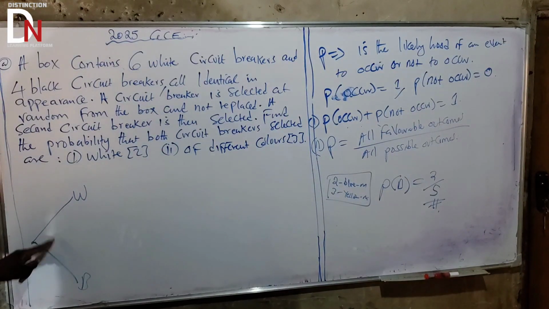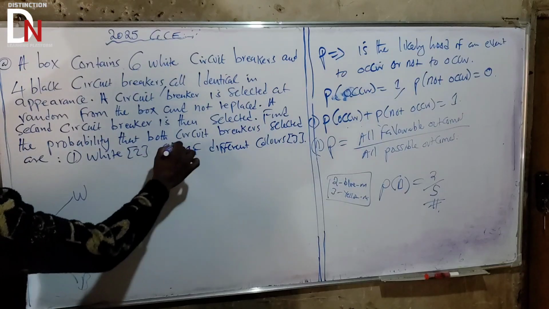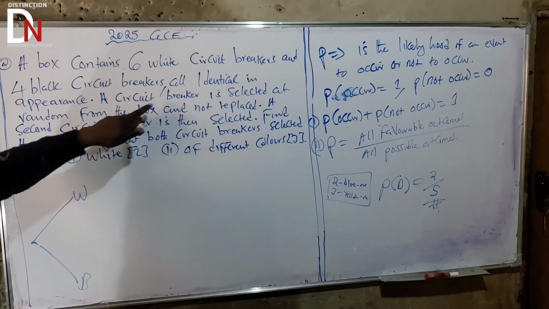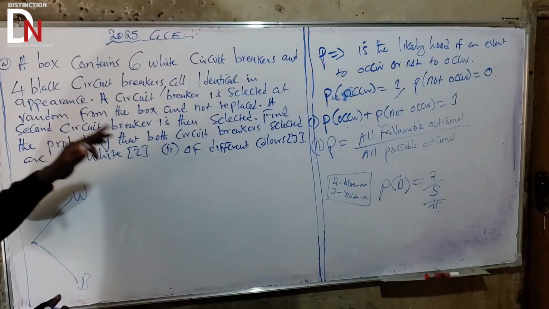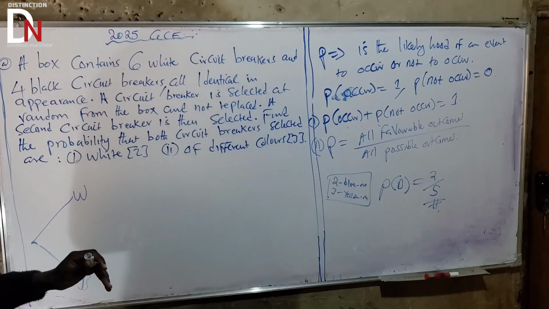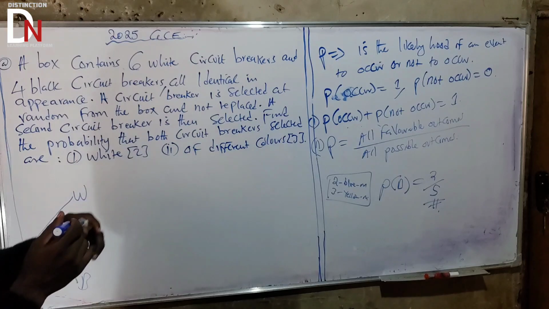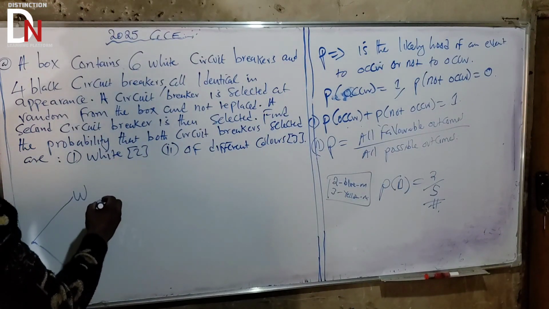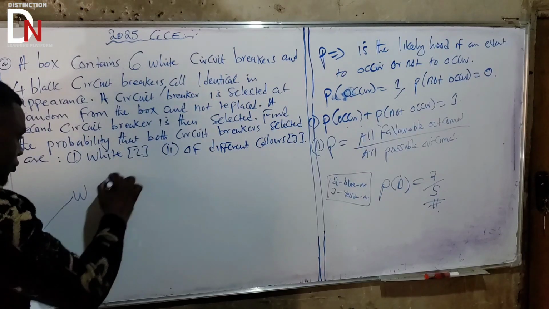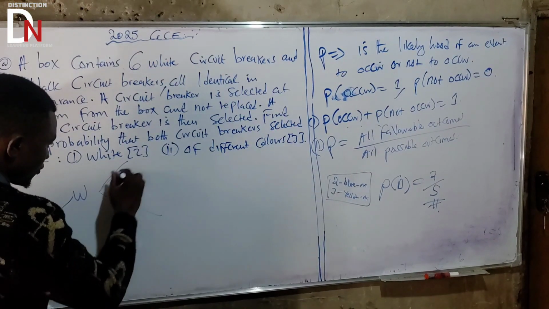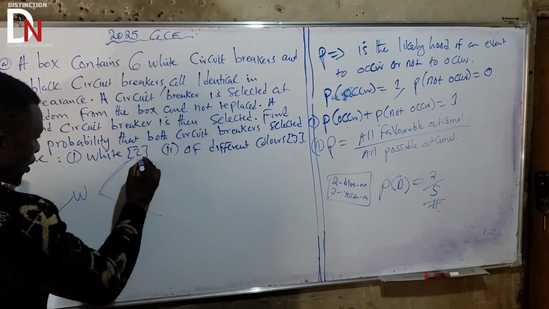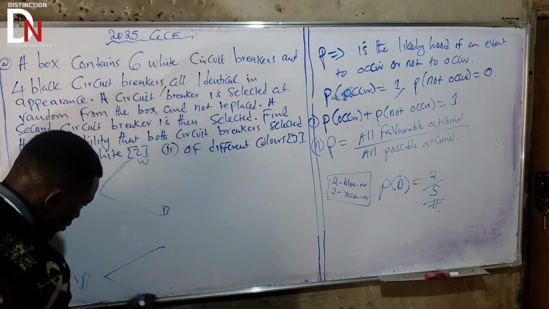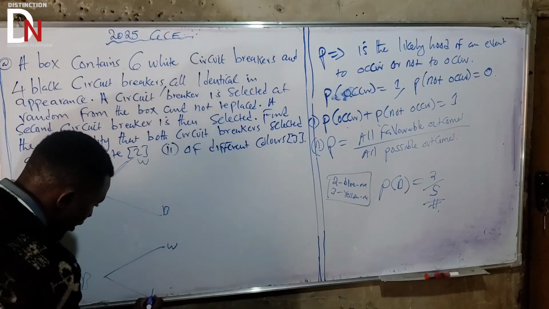So according to the question, a circuit breaker is selected at random from the box and not replaced. So they were selecting how many? 1. So one trial. We have white, black, and another one here, white, black.